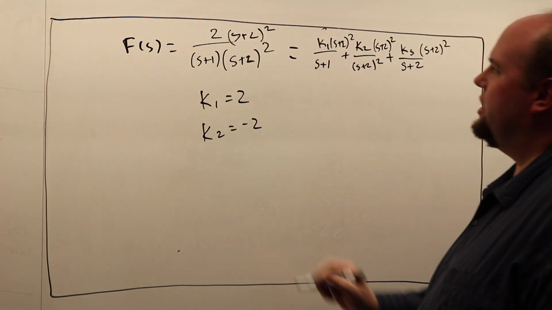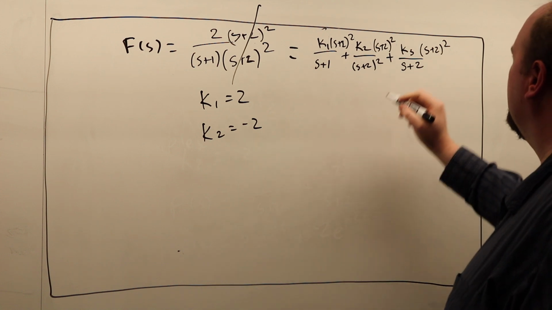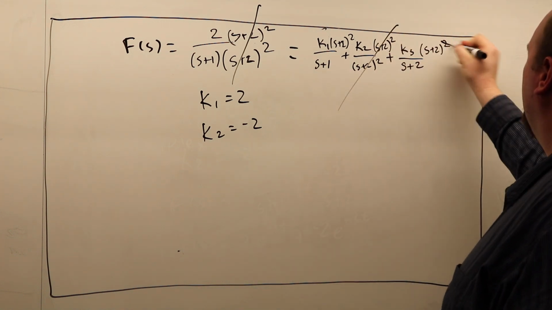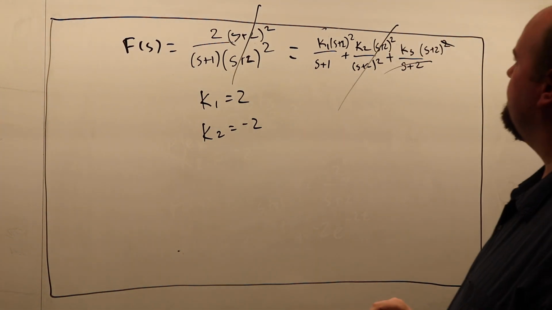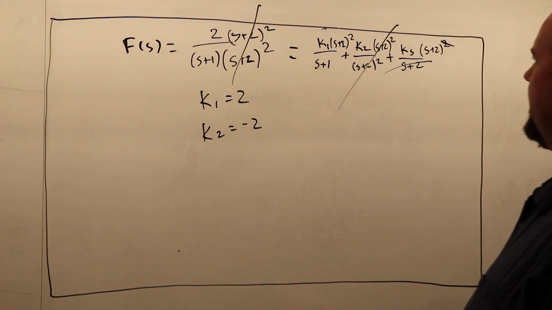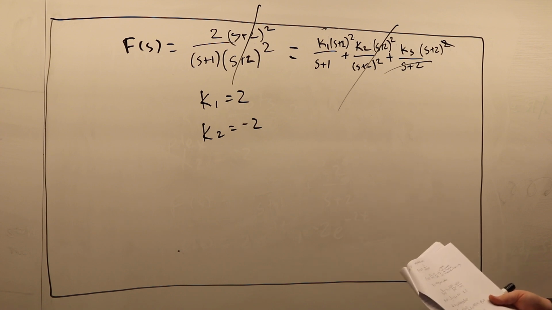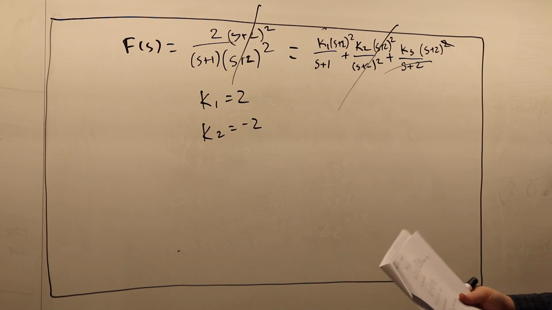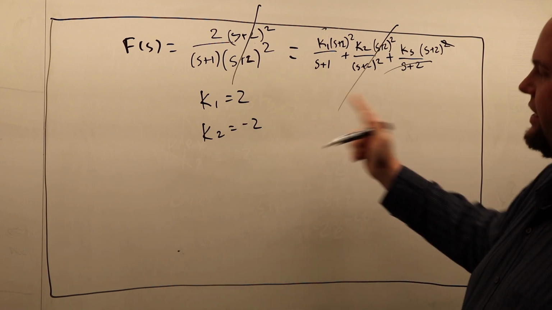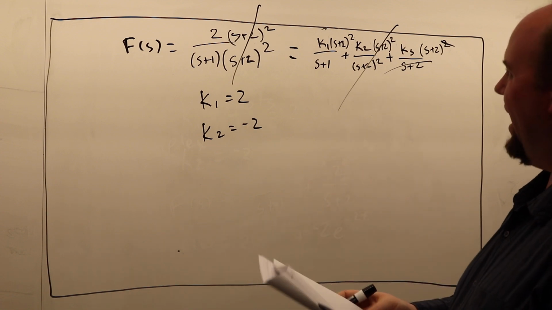So we're going to go back to this expression we had here, where these guys canceled, and we canceled one of those out. And we are going to differentiate this with respect to s. So we're going to take the derivative of both sides of this expression with respect to s.